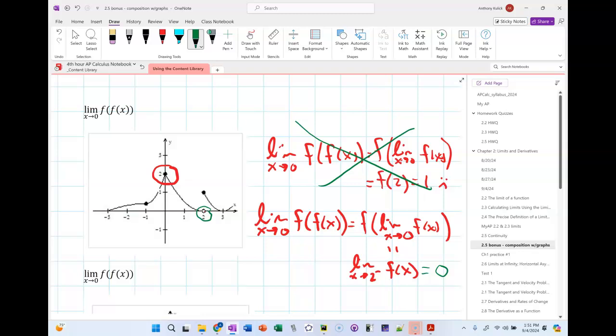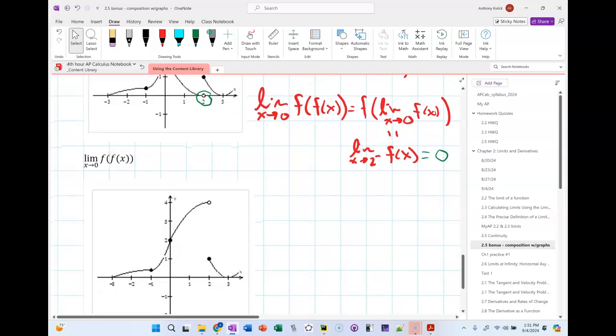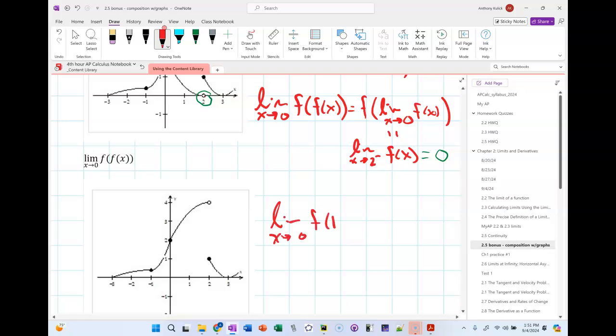Now, is this always going to be possible to get an answer? So if we have this graph and we do the same thing, I try to do what we did before. So we try to push our limit inside.